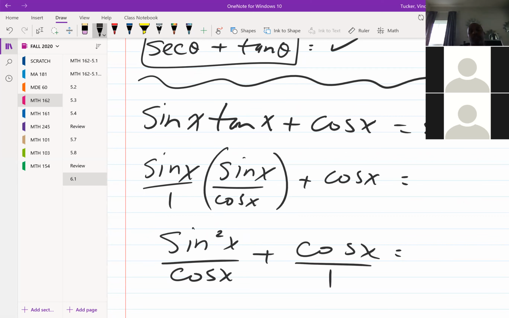Now I have a fraction, so I can convert cosine into a fraction by putting it over 1. In order to add fractions, I need a common denominator. So I will multiply top and bottom by cosine, because I have this cosine in my denominator of the first term.